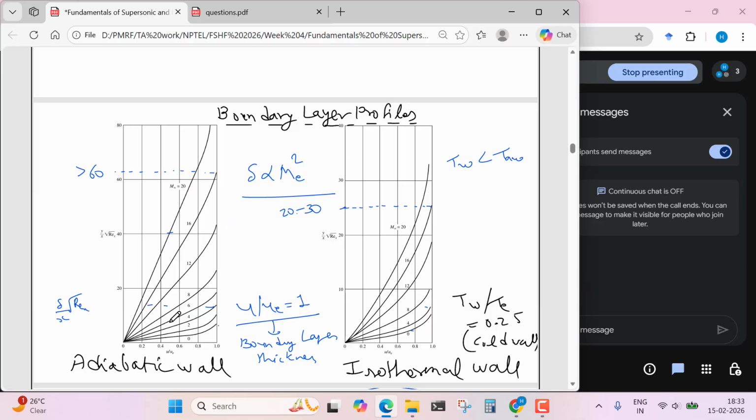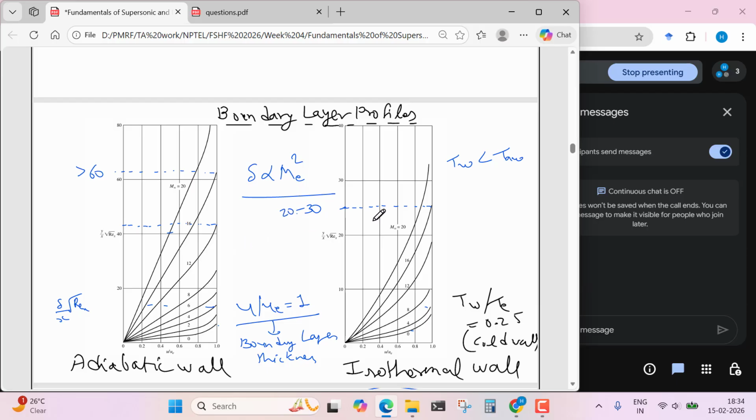Now, if we compare both the adiabatic wall and isothermal wall, let's take one Mach number, let's say 12. For the adiabatic wall, the value will be approximately 43, 44 or 42 something.